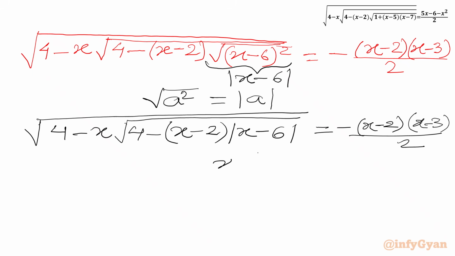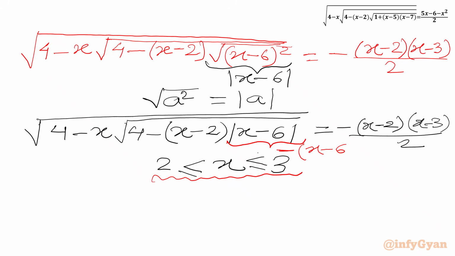Now as per our condition, x should be in the interval 2 to 3. That means x is less than 6. Once x is less than 6, mod of x minus 6 will be minus of (x minus 6), as per our condition for x to be real. So here we can write mod of x minus 6 will be minus of (x minus 6), or 6 minus x.